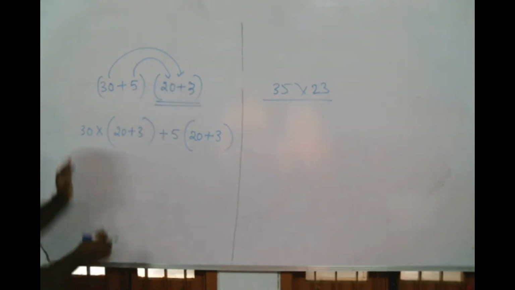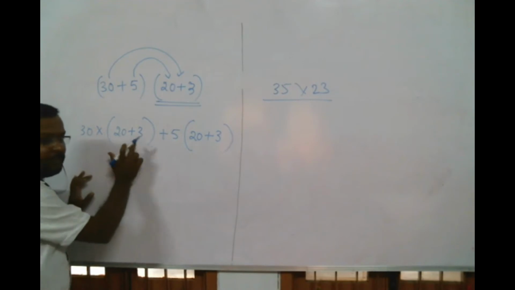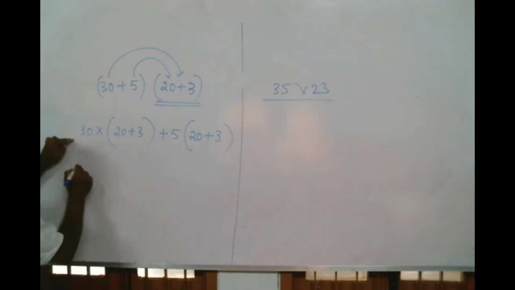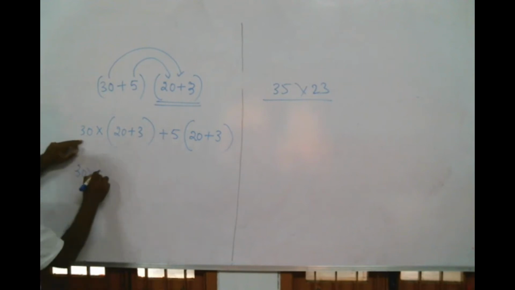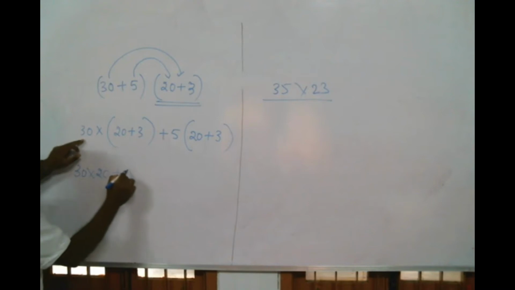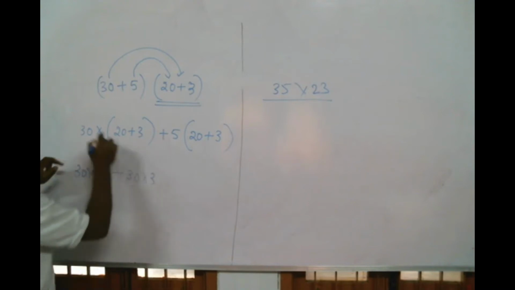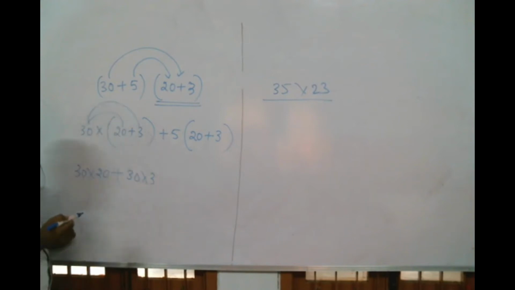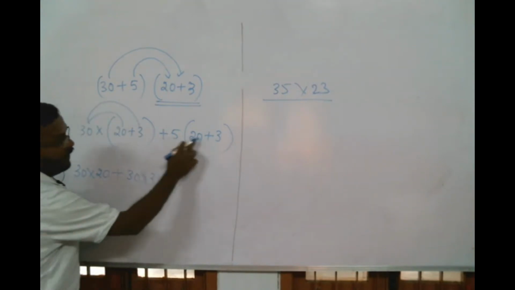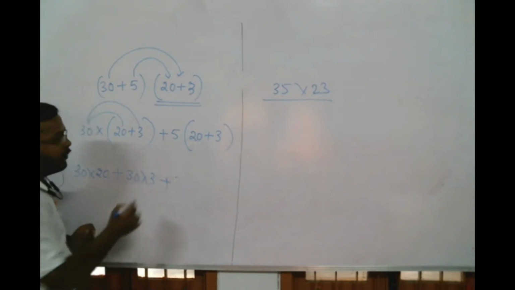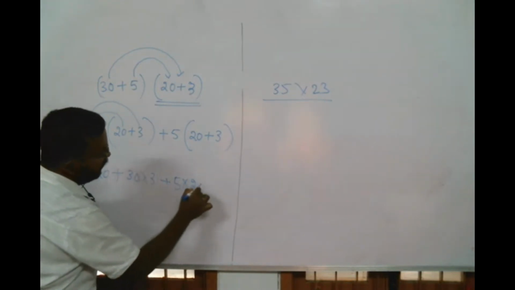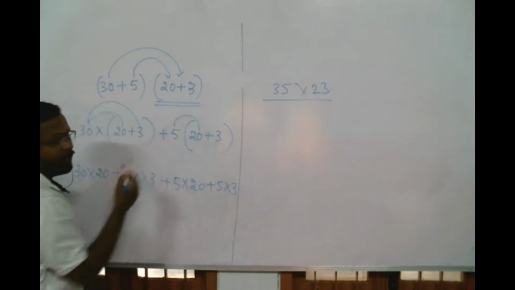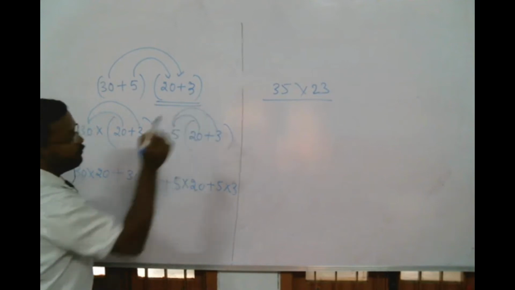So now see here, it has become simple multiplication of monomial with binomial. So now what will happen? 30 we have to multiply with 20 also, plus 30 we have to multiply with 3 also, plus again here also you have to use distributive property. 5 we have to multiply with 20, plus 5 we have to multiply with 3.